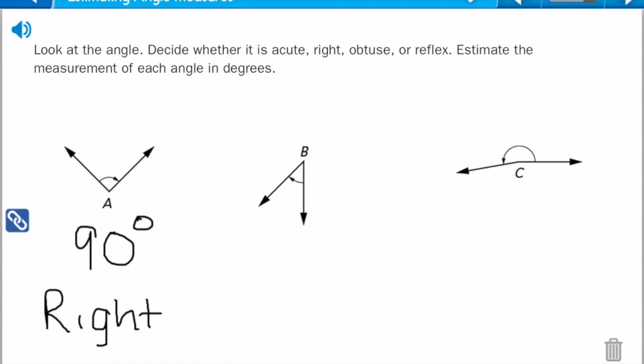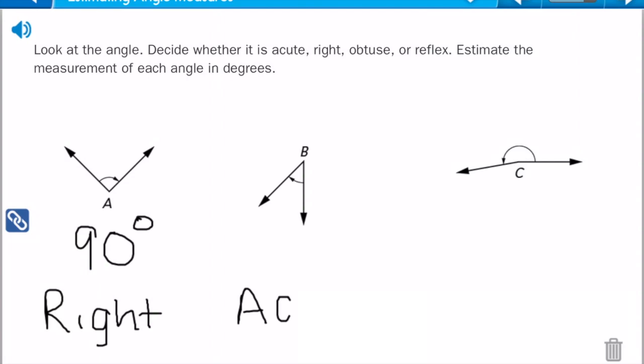Okay? So I'm looking at B. I see it's smaller than my first one. It's smaller than a right angle. So if I know that it's smaller than a right angle, it would be what type of angle? It would be acute.